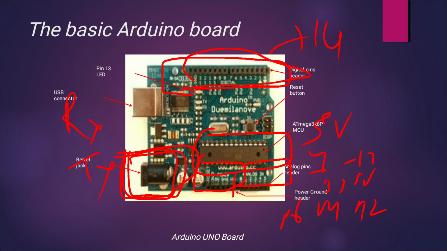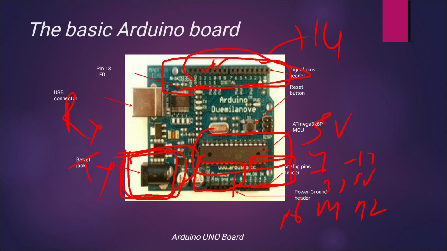Pin number 2 and 3 are external interrupt pins. Pins 3, 5, 6, 9, 11 provide PWM output, and pin 13 is where LED is connected.